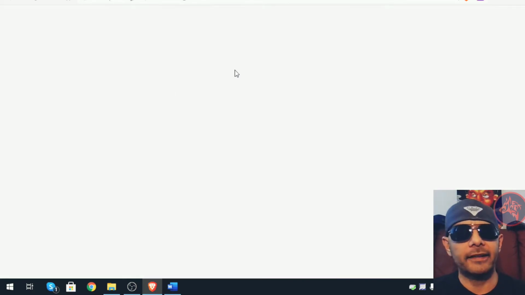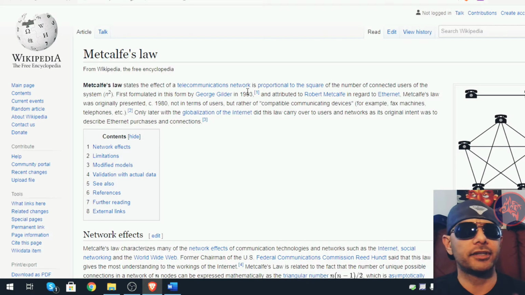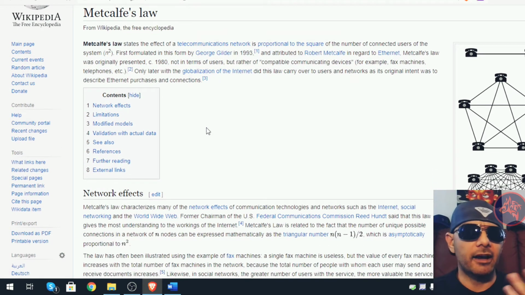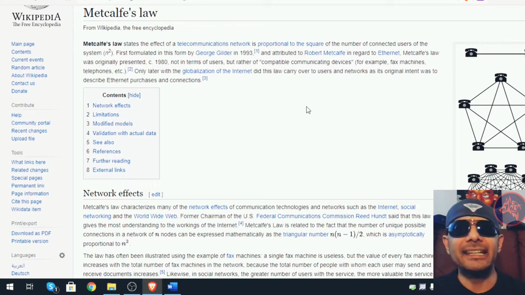Now, another thing that I have to move into here, because this all goes in with the fundamental indicators and calculations, is Metcalfe's law. Okay, Metcalfe's law is basically a calculation or a formula that this Metcalfe guy made for telecommunications. And this was back in like the 1980s, right? In 1993, it kind of was starting to take off a little bit more in regard to the Ethernet, right?